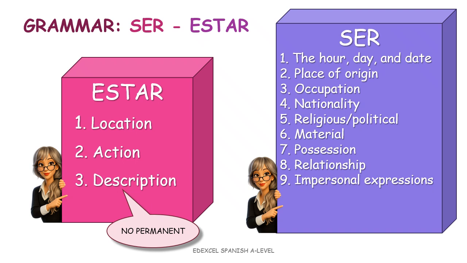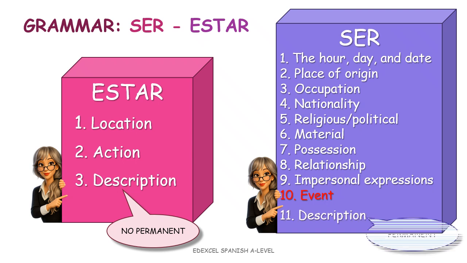And the next is an exception to the rule about location. Where an event is taking place is expressed with ser, if we are speaking about a concert or a meeting or a party. And finally, when we are describing essential qualities, when something is permanent.